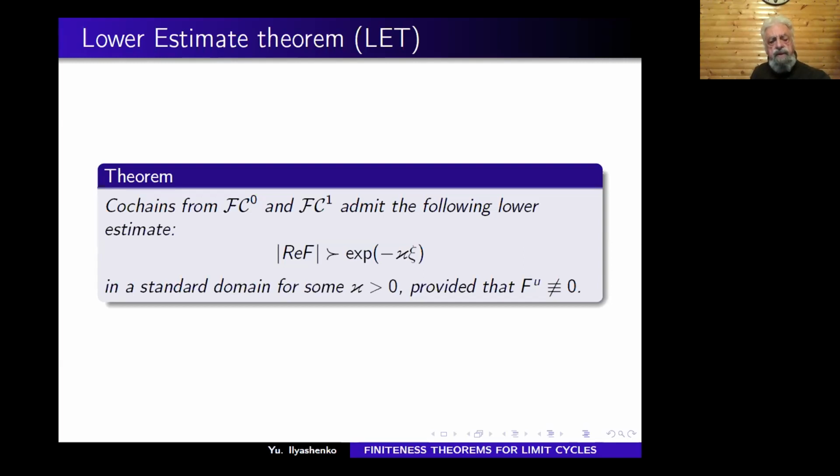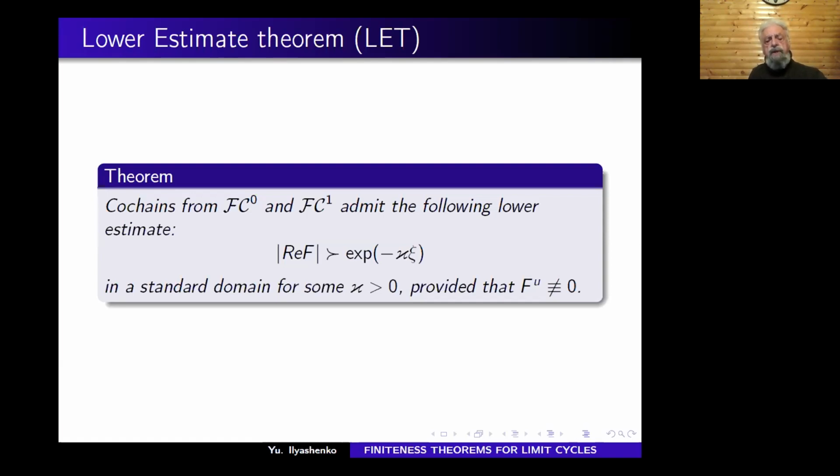And this estimate holds provided that the upper component of the cochain is not identically zero. The upper component is the one that corresponds to the domain which is adjacent from above to the real semi-axis.